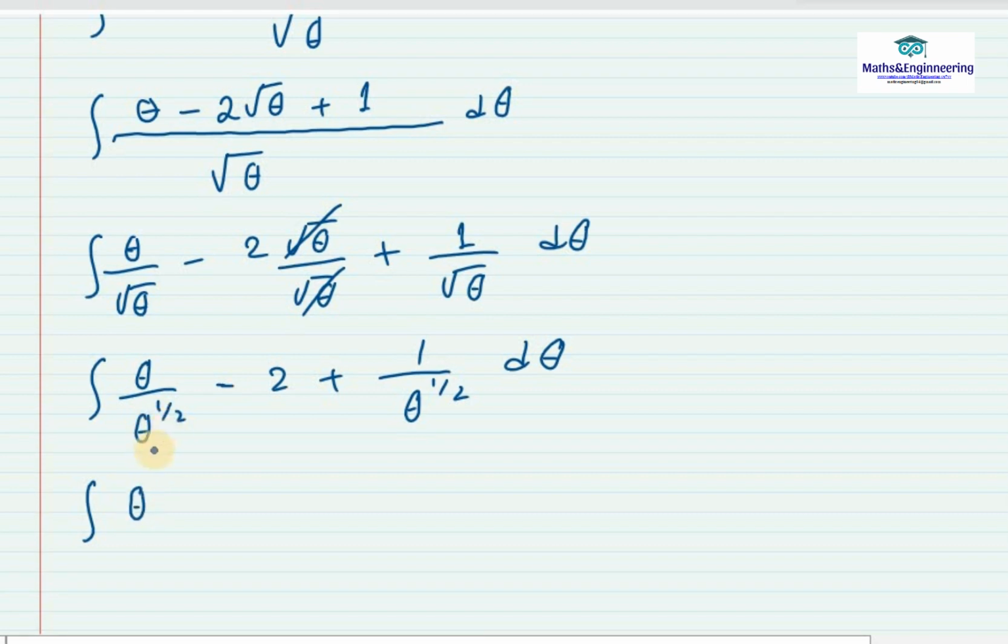We can write this theta power 1 by 2 by just making the power negative, minus 2 plus, similarly we can write theta at denominator with the negative power, d theta.